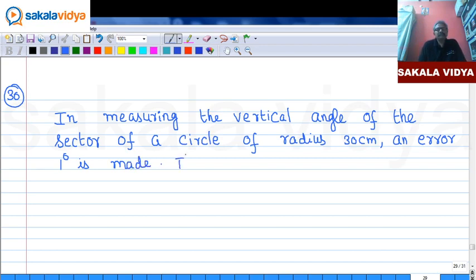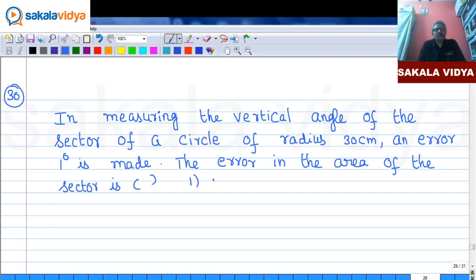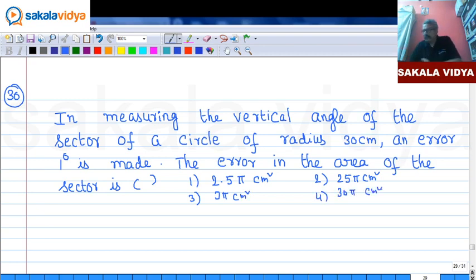The error in the area of the sector is: first option 2.5 pi centimeter square, second 25 pi centimeter square, third 3 pi centimeter square, fourth 30 pi centimeter square. This is the problem.